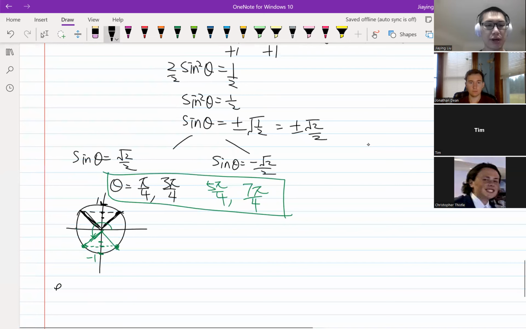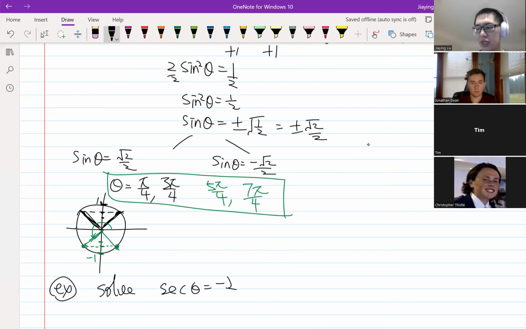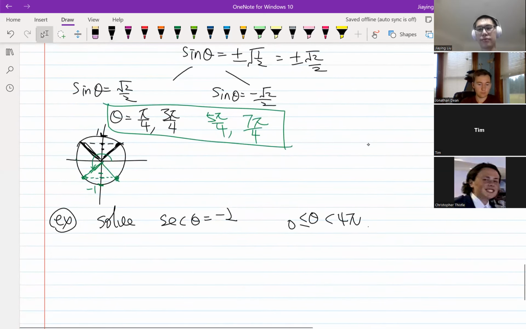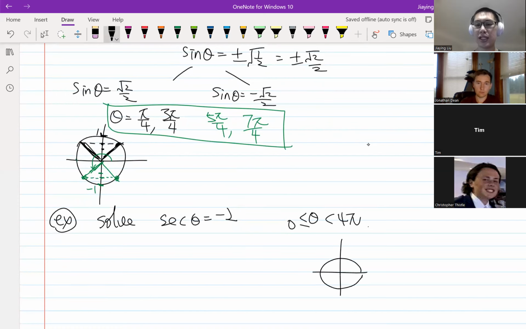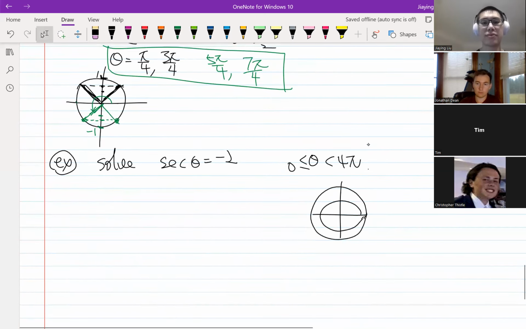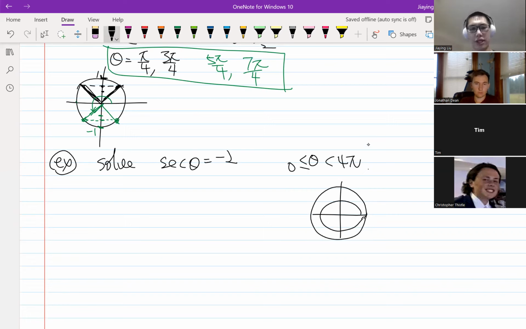So the next example I have, we're going to solve secant theta equals -2 for theta from 0 to 4 pi. 0 to 4 pi is that 0 to 2 pi, that's a full circle, and then you just go around another circle, that's 0 to 4 pi. So we have secant theta equals -2. How do we solve for theta?